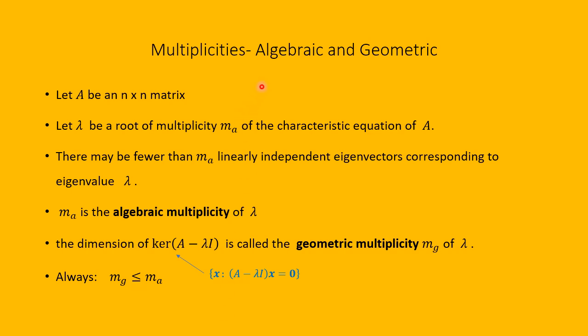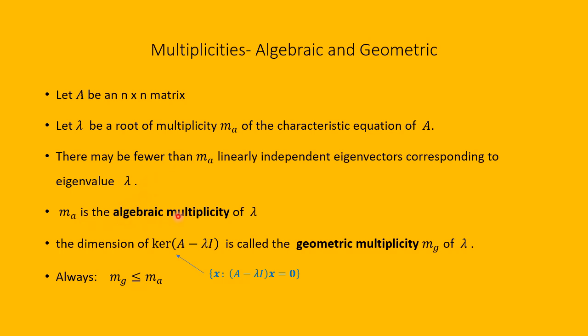Eigenvalues have algebraic multiplicities and geometric multiplicities. Sometimes they turn out to be equal, sometimes not. Let's suppose that A is an n by n matrix, and let's let lambda be a root of multiplicity m sub A of the characteristic equation of A. There might be fewer than m sub A linearly independent eigenvectors corresponding to that eigenvalue.